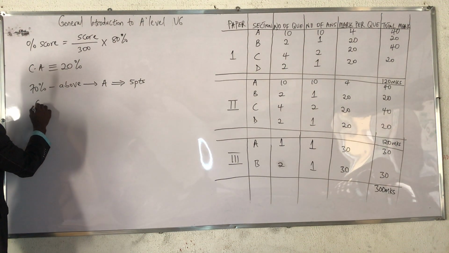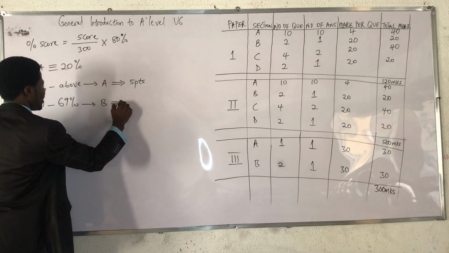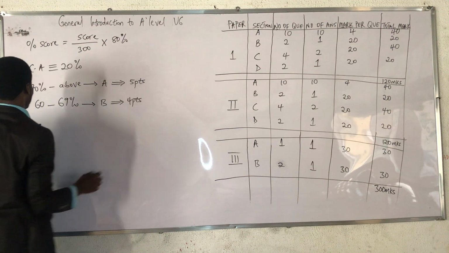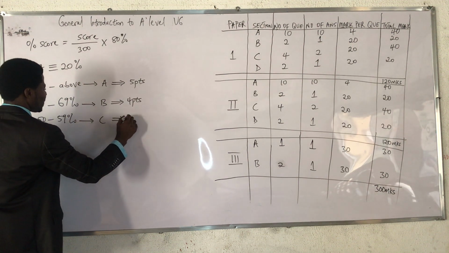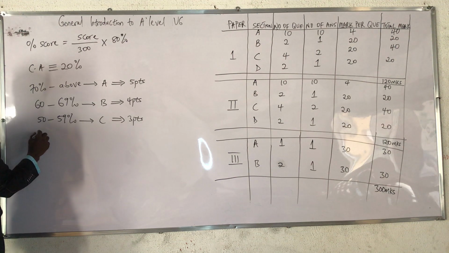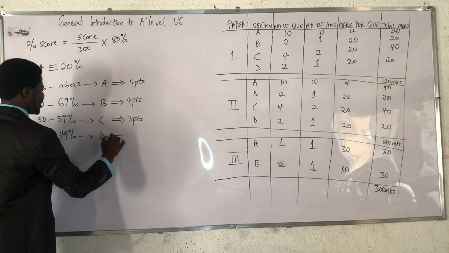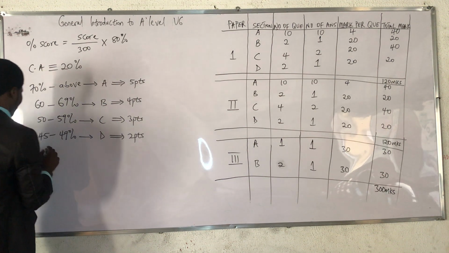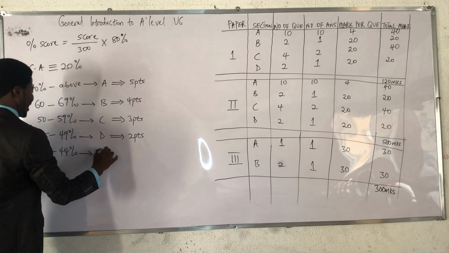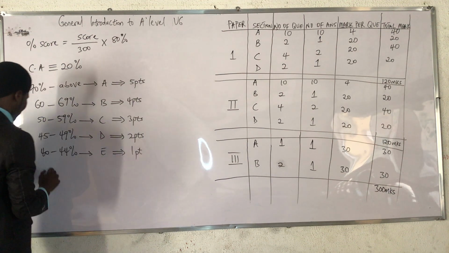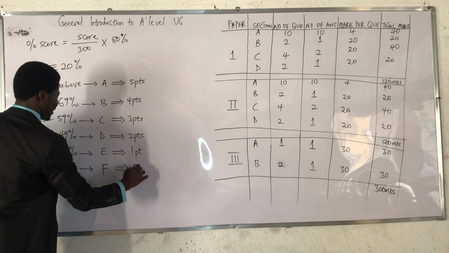If a student scores 60 to 69%, that's B, and that's equivalent to 4 points. 50 to 59%, that's C, and that's 3 points. 45 to 49%, that's D, and that's 2 points. 40 to 44%, that's E, and that's 1 point. 0 to 39%, that's F, and that's 0.